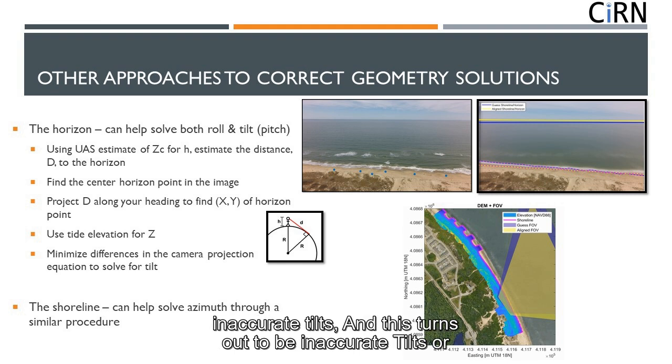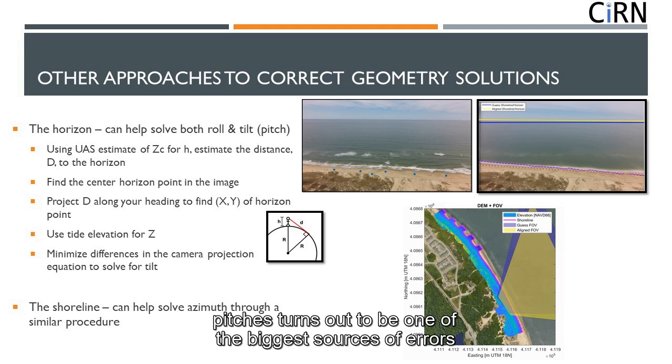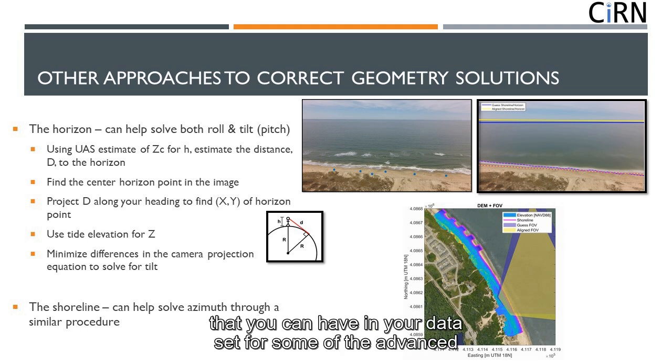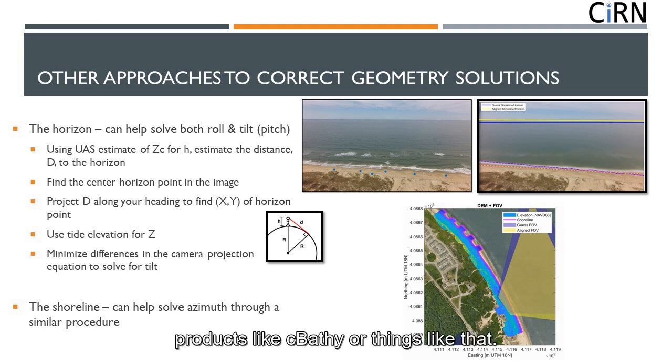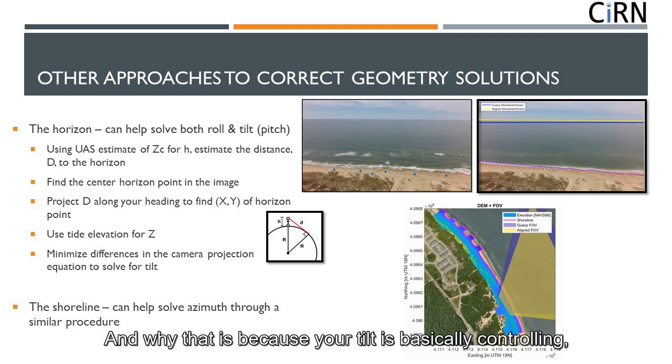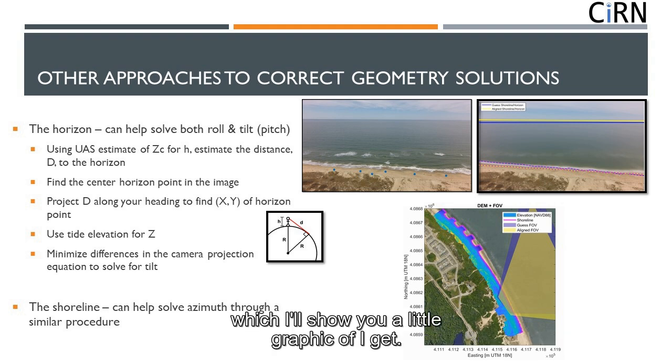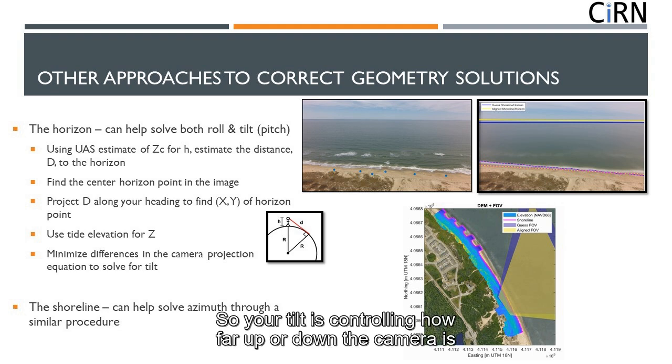And inaccurate tilts or pitches turn out to be one of the biggest sources of error that you can have in your data set for some of the advanced products like CBATHY. Why is that? Because your tilt is controlling how far up or down the camera is looking.